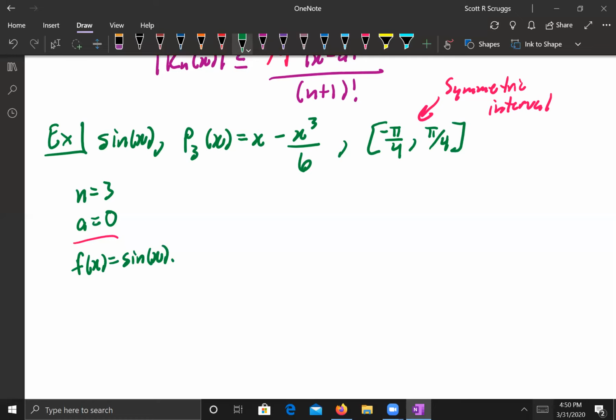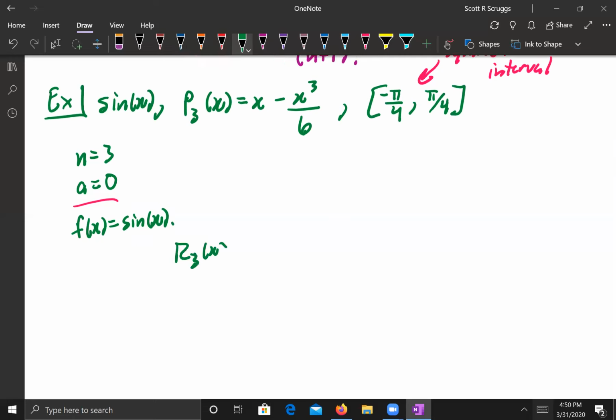All right. So first let's talk about the general form for that Taylor polynomial. I know that I'm going to have to set that equal to the fourth derivative of the Taylor polynomial at c, n plus 1, since n is 3, 4 factorial, times x minus a, which is 0, to the fourth power.